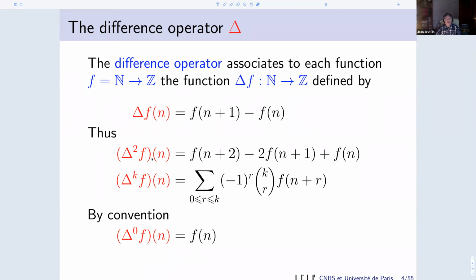So if you do this twice, you get this formula. And if you do it k times, you get this formula involving the binomial coefficient with alternating sign. And by convention, the zero iteration is just the original function of n.